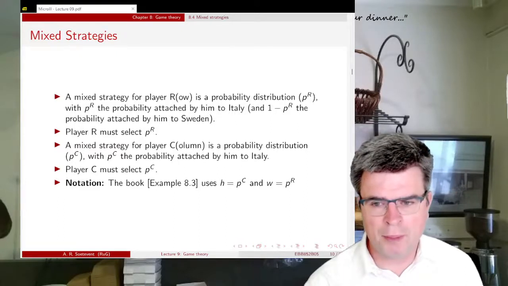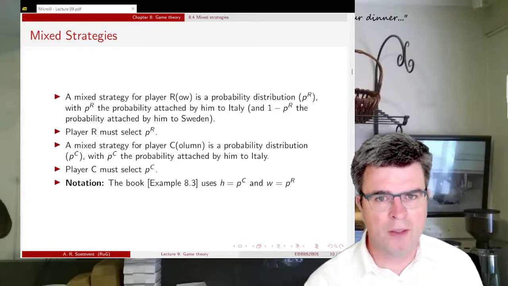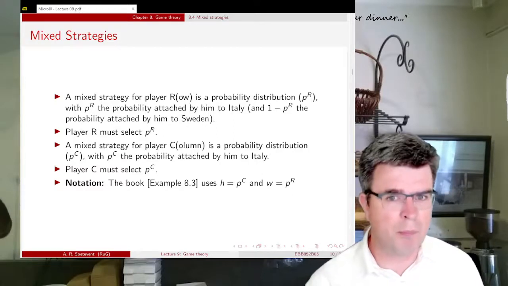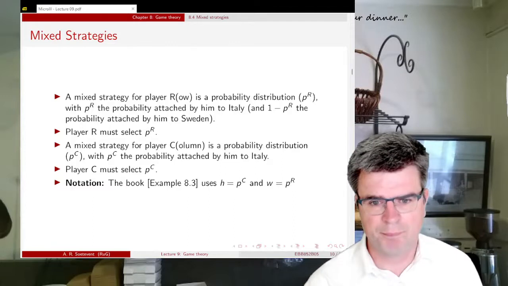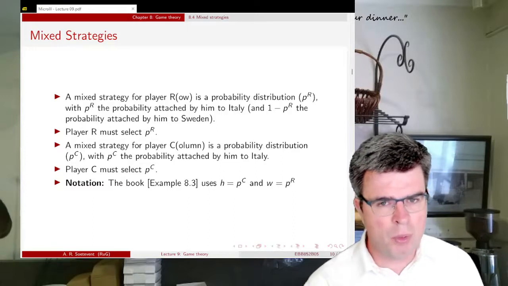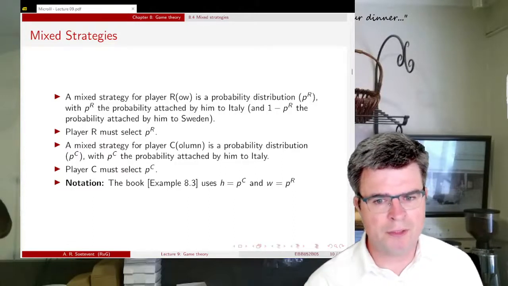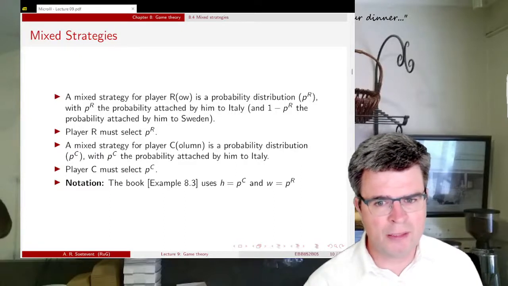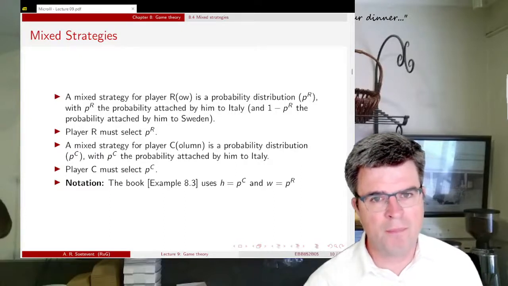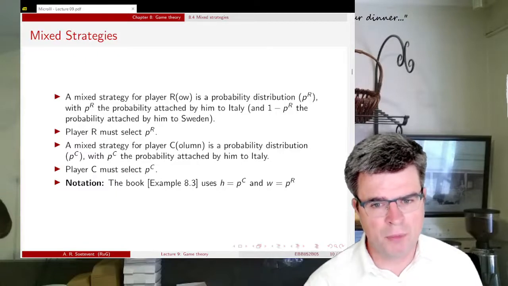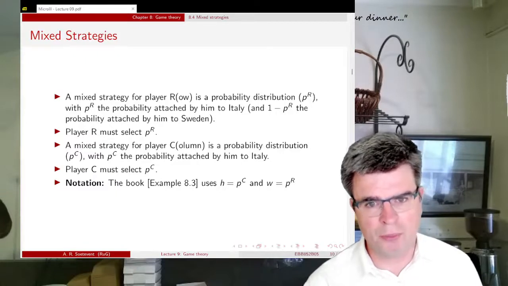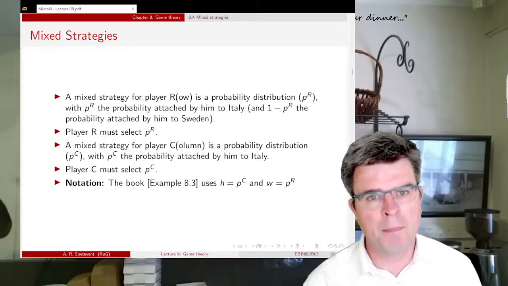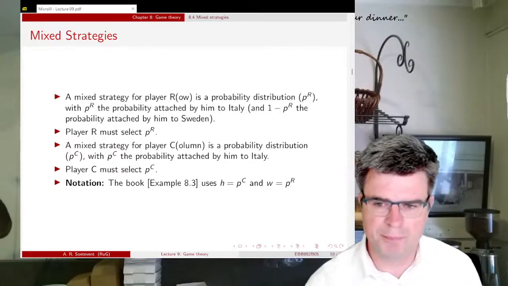So the column player must select a probability PC with which the column player will play Italy. Note that this is the same example as in the book, example 8.3, but the notation is slightly different because in the book the notation H and W is used instead of PC and PR, but I prefer the notation that we use here.